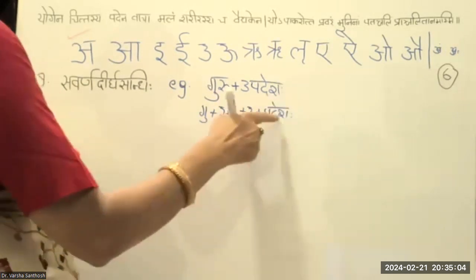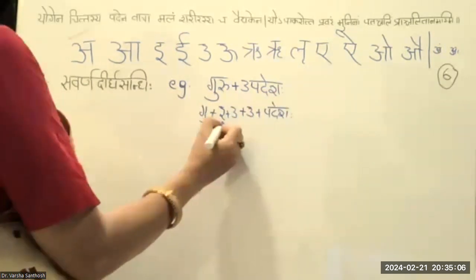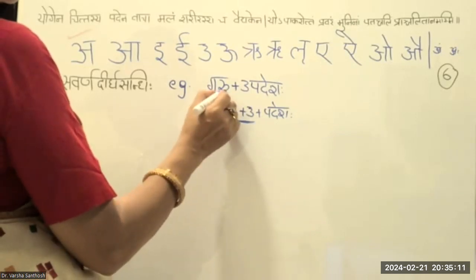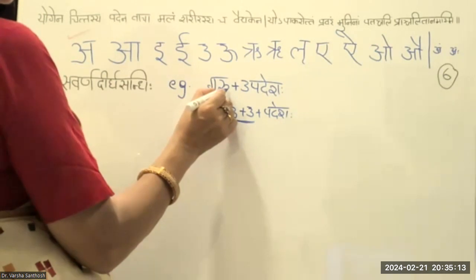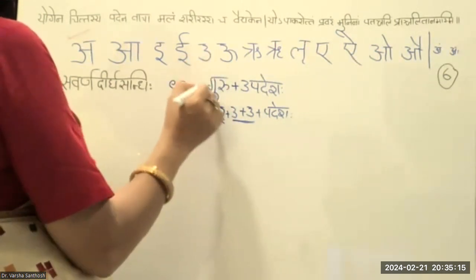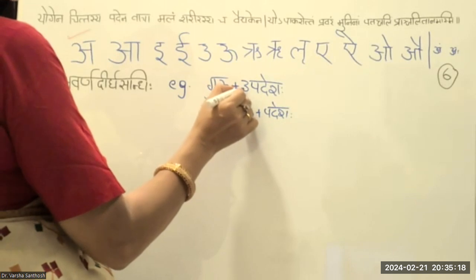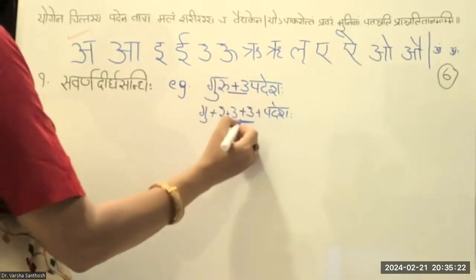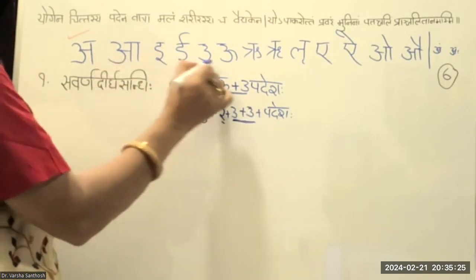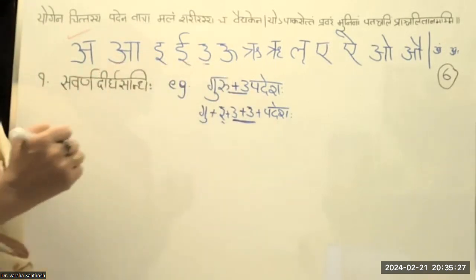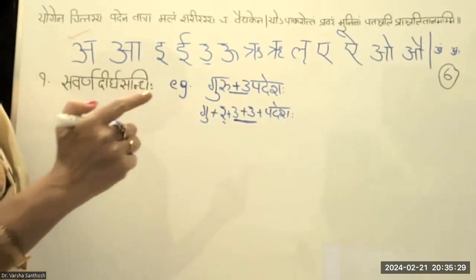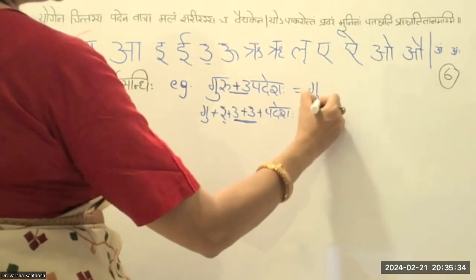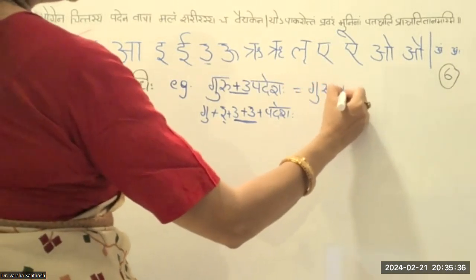I'm not dividing the first alphabet and the last because Sandhi is happening in the last swara of the first pada and the first swara of the next pada. Sandhi is happening at this level. So this U plus U is Savarna. So this Guru plus Upadesha is going to become Guru Upadesha.